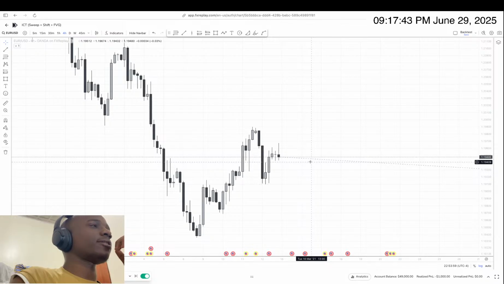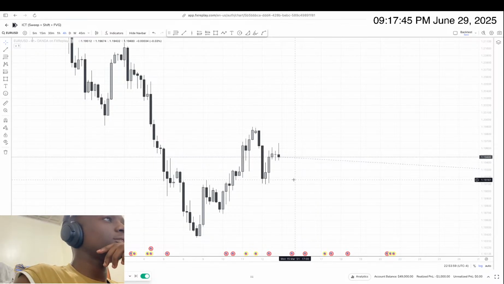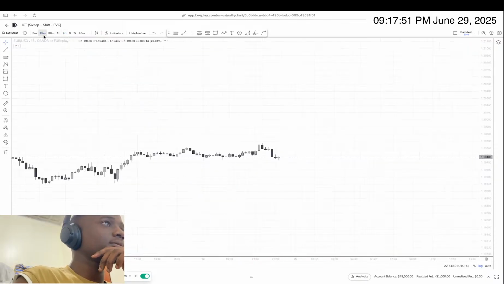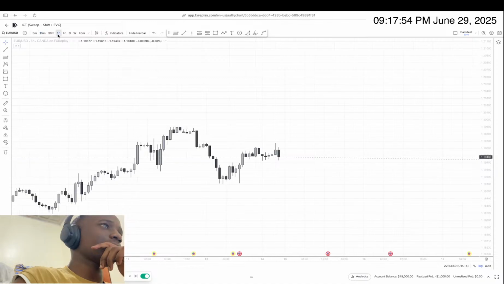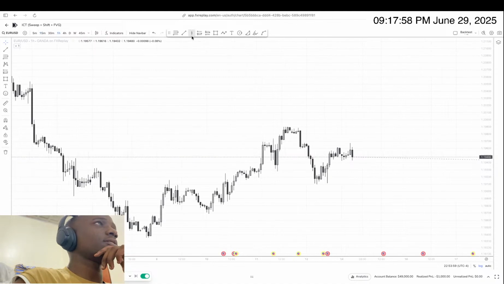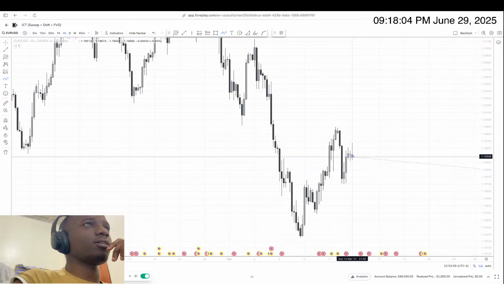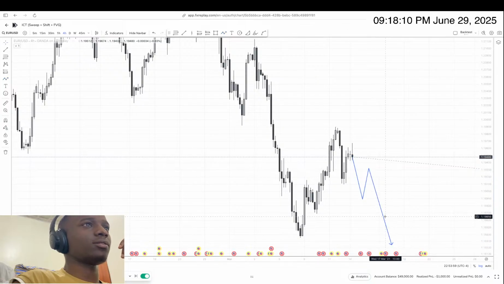So 4 hour, it's kinda bullish. For the drop to be possible, we need to react on this fair value gap and close here, respect this order block a bit, then continue like that.